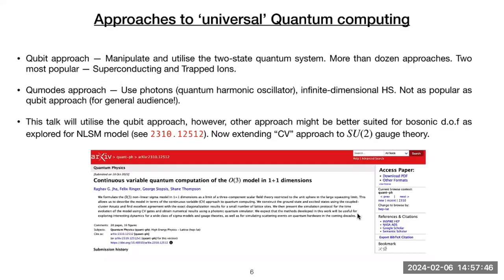So what allows you to work with an infinite dimensional Hilbert space directly? So the Q-modes approach uses these photons, but the problem is there are only a certain number of photons which you can entangle. For example, if you take the Fock state, you can only go up to a Fock state of 15 or 16, 20. I see.